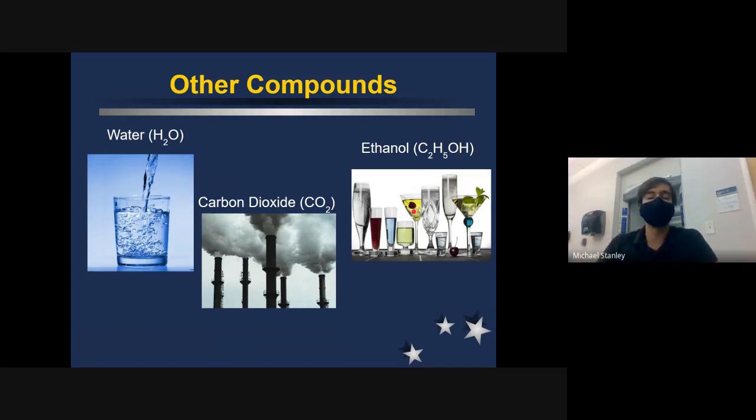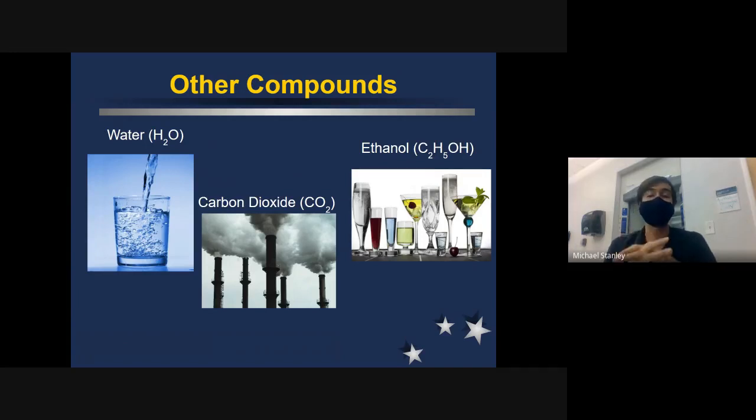So when a beer says that it's 4% alcohol, or a wine says that it's 12% alcohol, that means 12% of the volume of that wine is made up of ethanol, C2H5OH. So we create this compound by chemically combining multiple different types of atoms together into one single particle, one single compound.